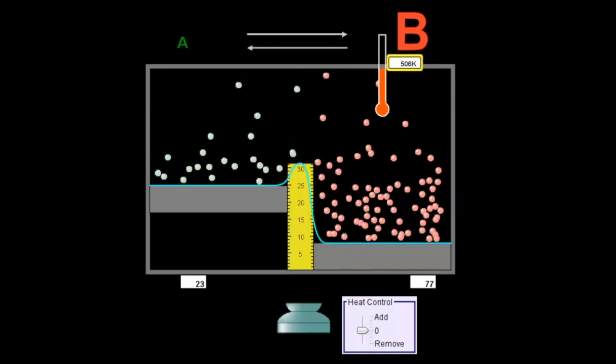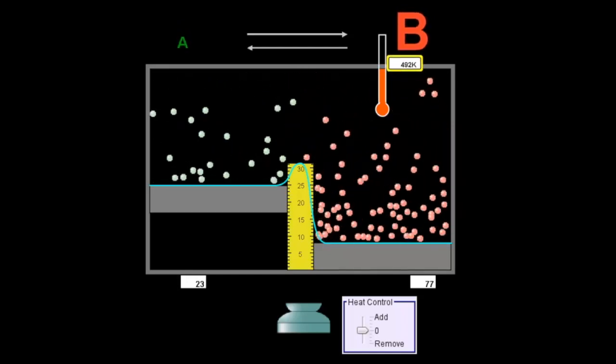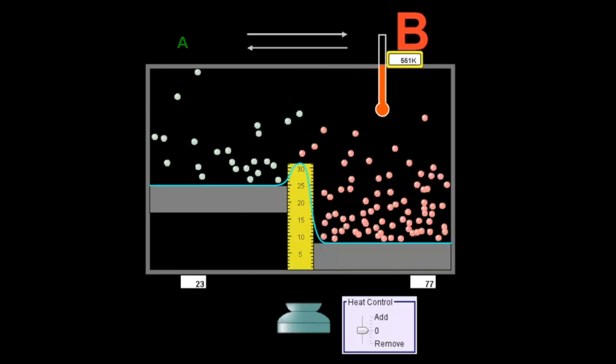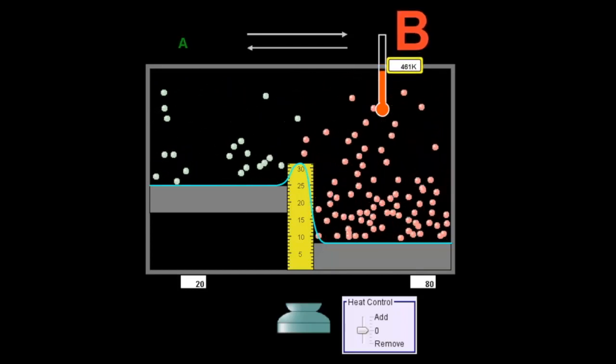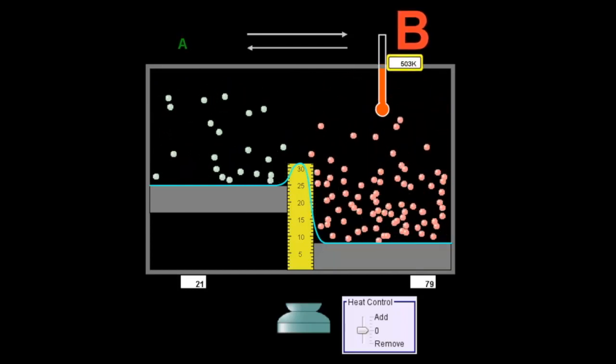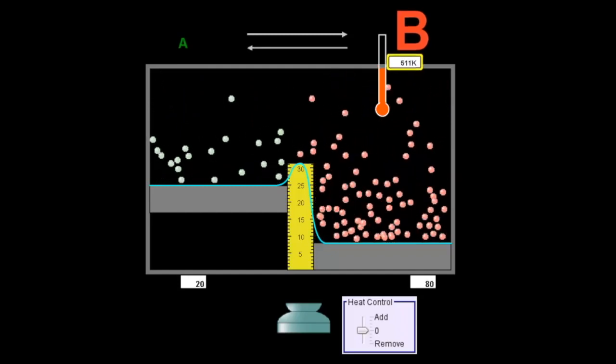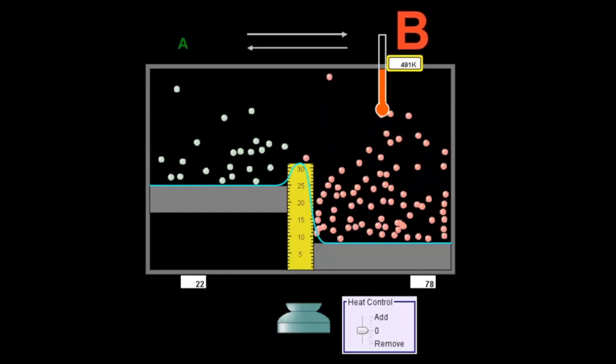After a while we let this system hit its equilibrium point, which means that the number of green balls is going to stay more or less constant, and the number of red balls will stay more or less constant.